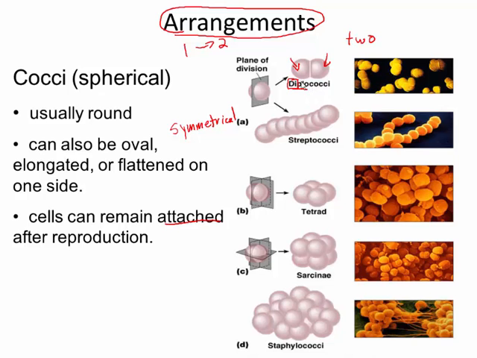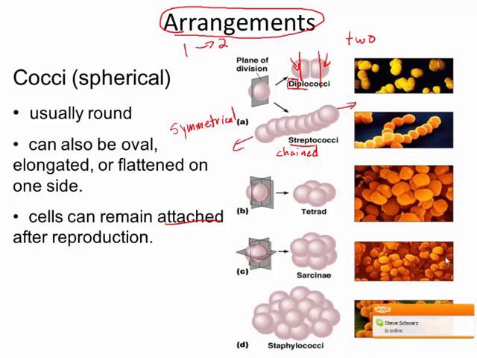Now if the cells continue to divide down this plane, they begin to elongate in either direction. If you look at it, it looks chained. We call that arrangement strepto. Strepto means chained. Streptococci means chains of rounded cells.